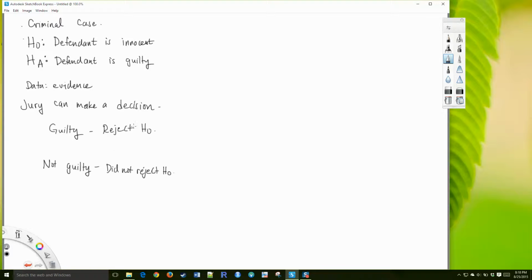Okay, so if the jury says guilty and they reject the null hypothesis, this is what we want, right? This is a good thing if the defendant is guilty. If the jury rejects the null, if the jury concludes that the defendant is guilty, that's a good thing if the defendant is guilty.